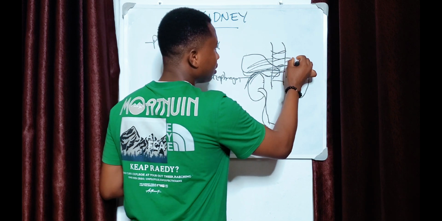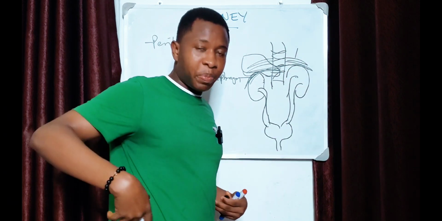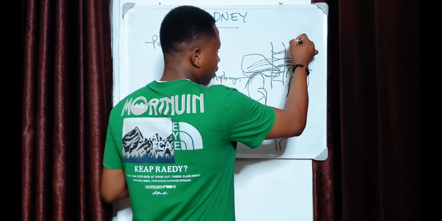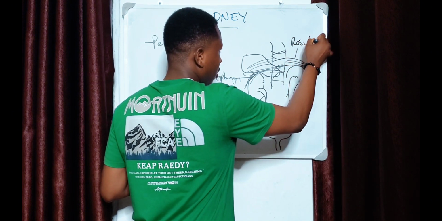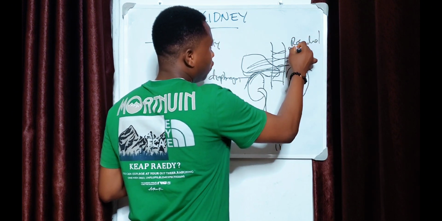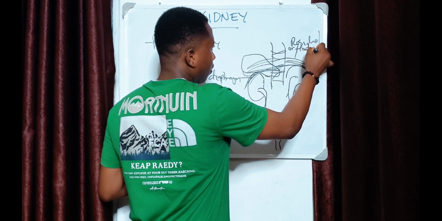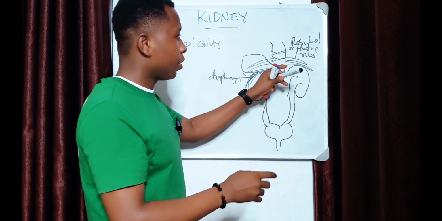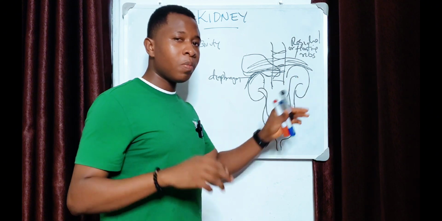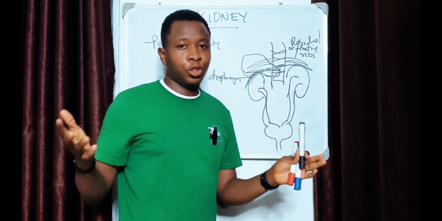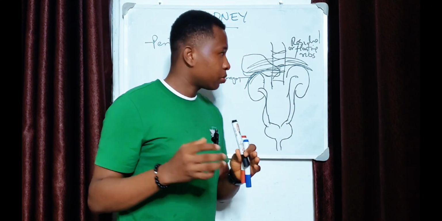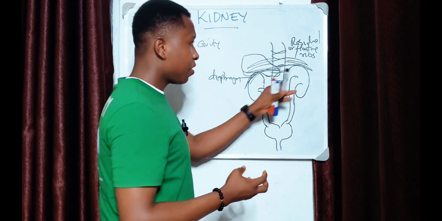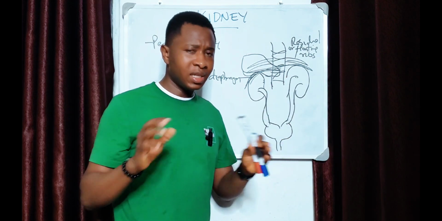These ribs are the last pair of ribs in the vertebral column. Now, what's the function of that rib? It protects the kidney, but it doesn't really do a nice job protecting the kidney because it is very insignificant. So, what then protects the kidney?